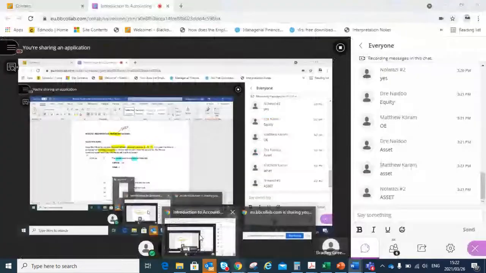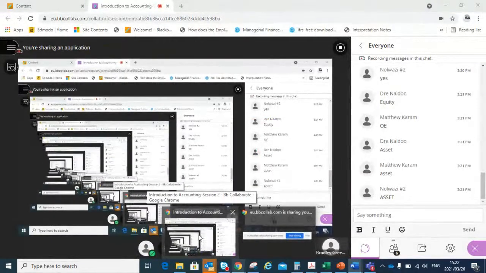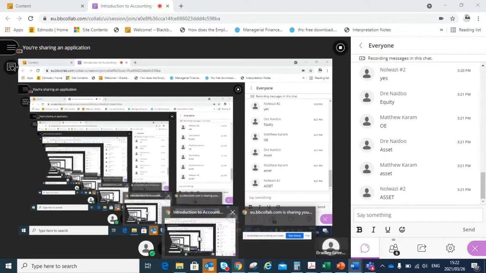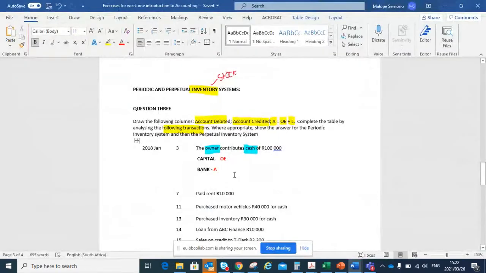Is the capital or owner's equity increasing? Let me see on the chat. Okay, no one is answering. So it means, yes, the assets are increasing. I agree with you, Dr. Dre. And then what about the capital? Yes, I agree with you. Let me write here. The assets are increasing.